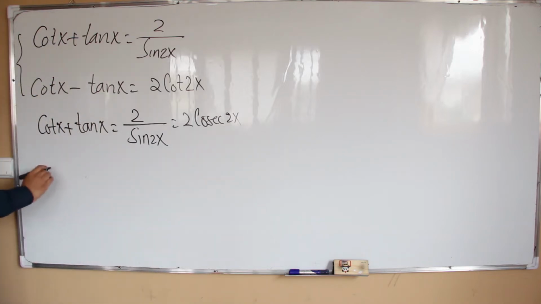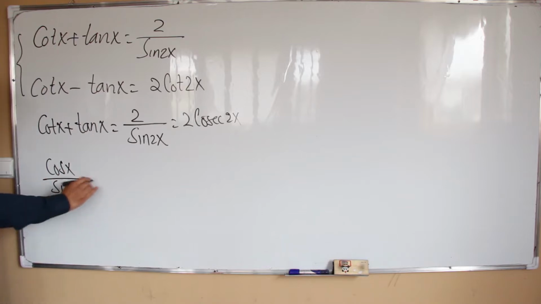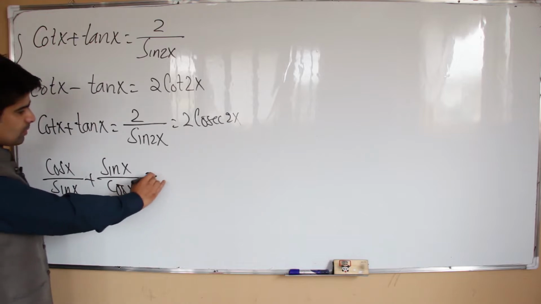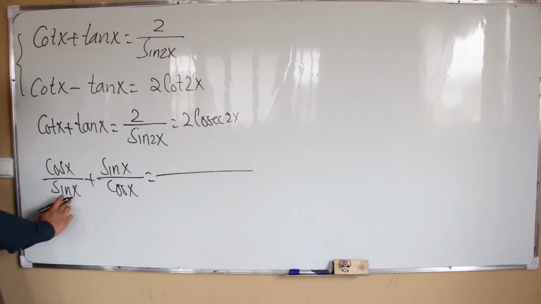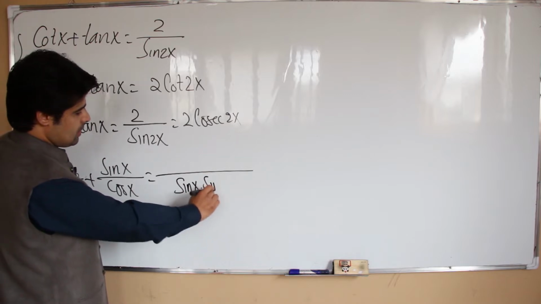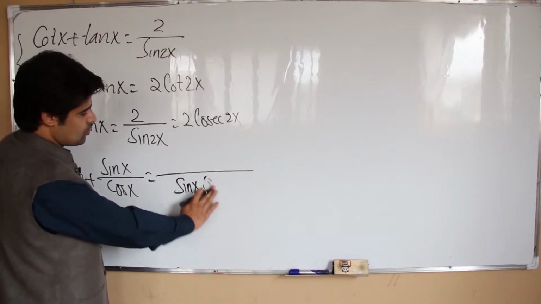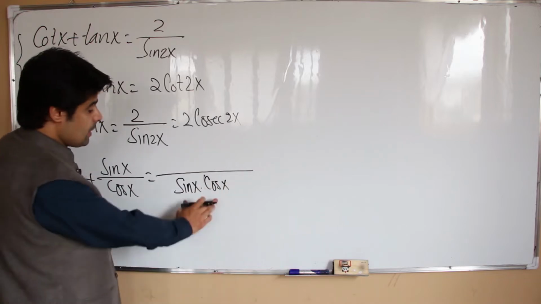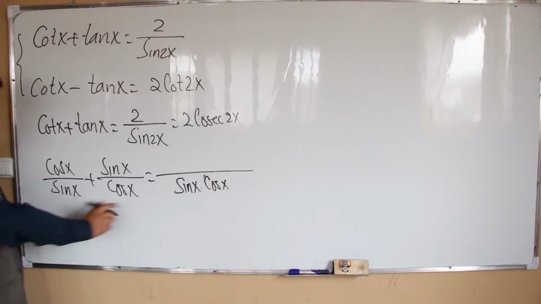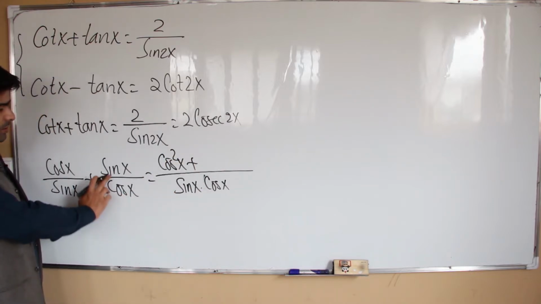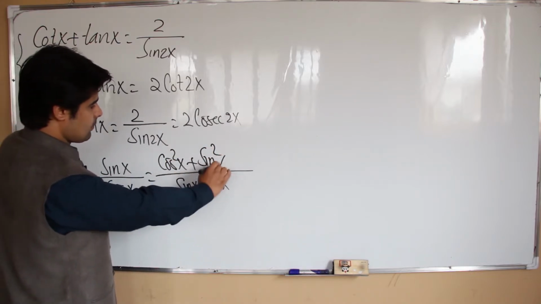Very simple. Instead of cotangent, can I write cosine x divided by sine x plus sine x divided by cosine x? Yes, we can. Now the common denominator is sine x times cosine x. Am I right? Yes. Cosine times cosine is cosine square of x, and sine times sine is sine square of x.